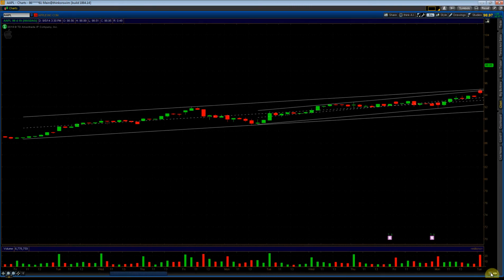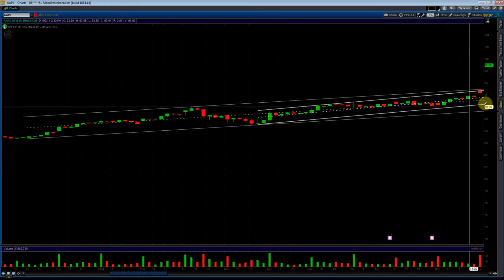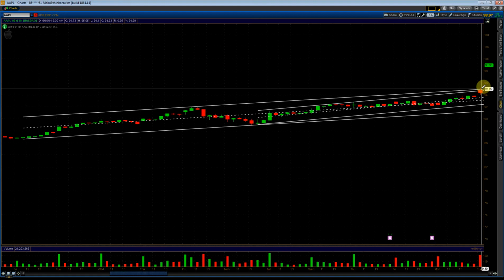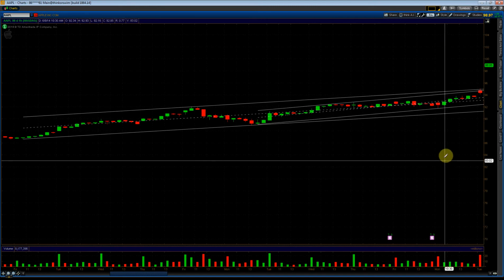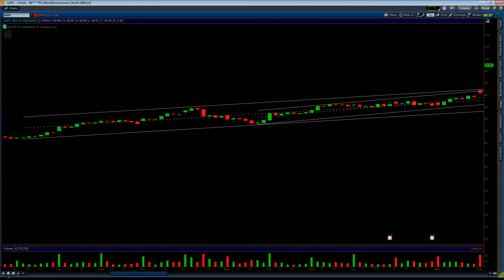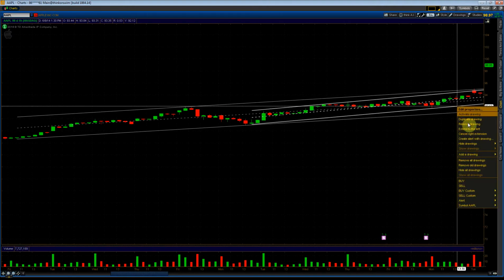Here you see we actually break above this shorter channel and hit right at our top line of this channel and begin to pull back. Now that could be your exit point, or you could wait for the continuation on the next candle, which you got. But at this point, this channel's got to go.